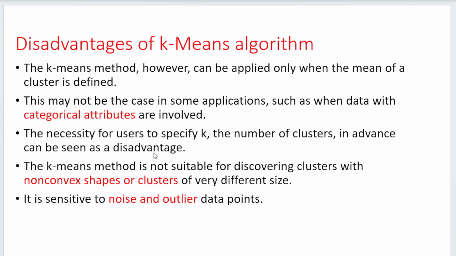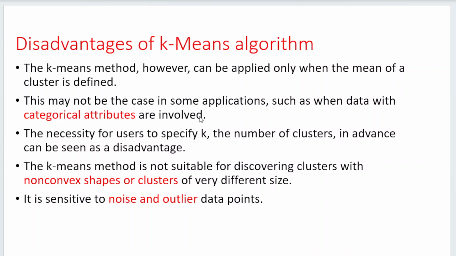And what are the disadvantages of the k-means algorithm? K-means works very well for numeric values or numerical measures, but it will not work very well for categorical attributes, and we have to specify the k value in advance. It can be seen sometimes as a disadvantage also.